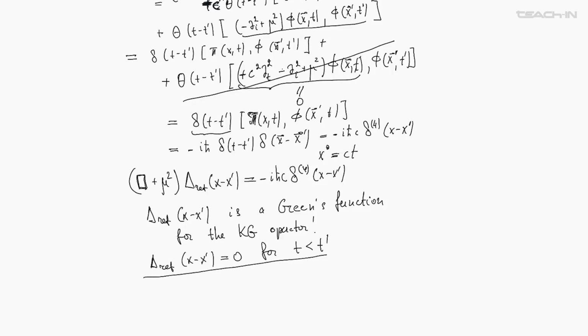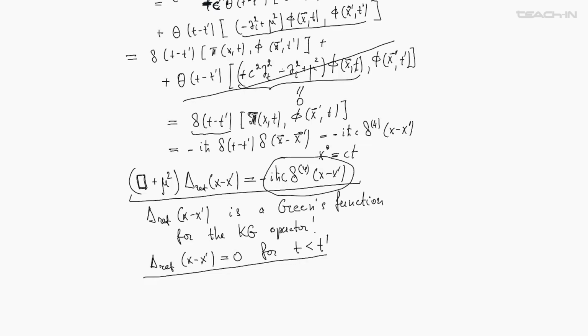Quite analogously, you prove the same property for delta advanced. The computation is absolutely the same, and you find that delta advanced is also a fundamental solution of the Klein-Gordon equation. Fundamental means that it's a solution with a right-hand side represented in the form of a point-like source, of an impulse.